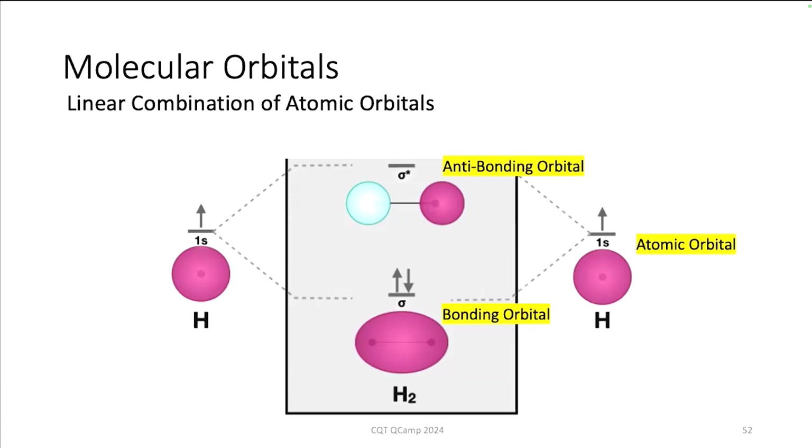This forms a stable wave function for the molecule, and that's how the molecules can stay as a molecule. They don't split apart unless you put in enough energy to make them split apart.